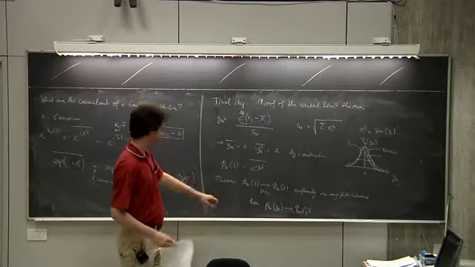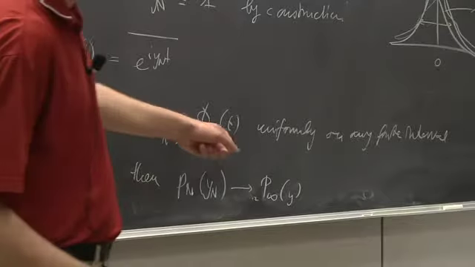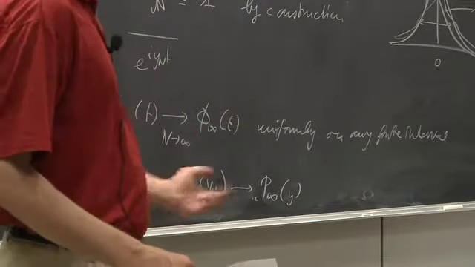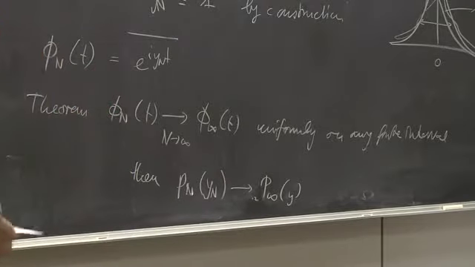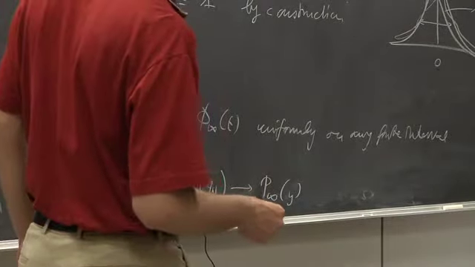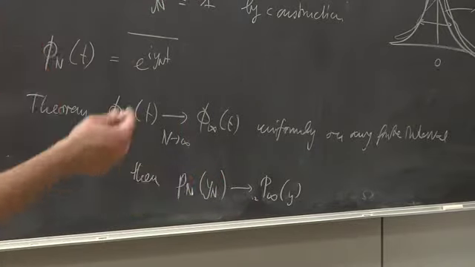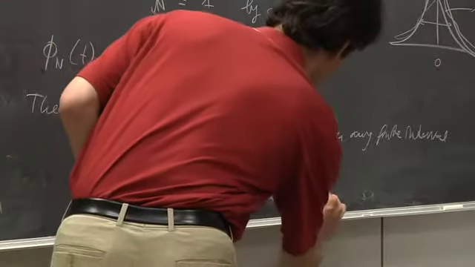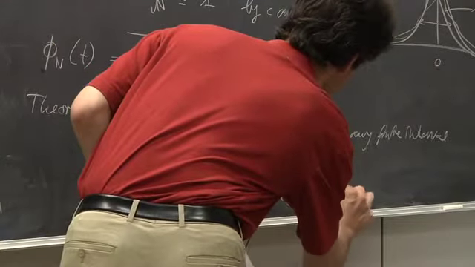So basically, this just says if Fourier transforms converge to something, then also their inverse Fourier transform converges. This is one of these central theorems in integral theory. That's very natural, right?